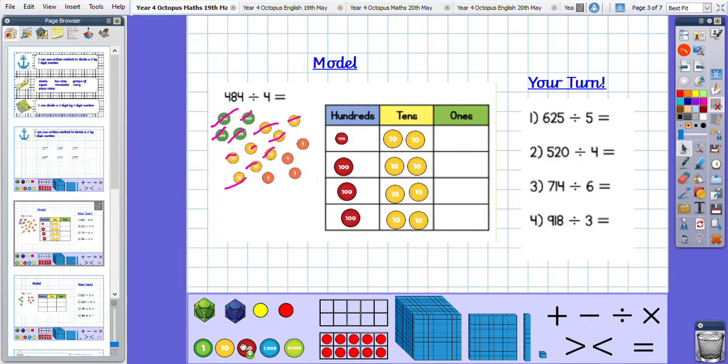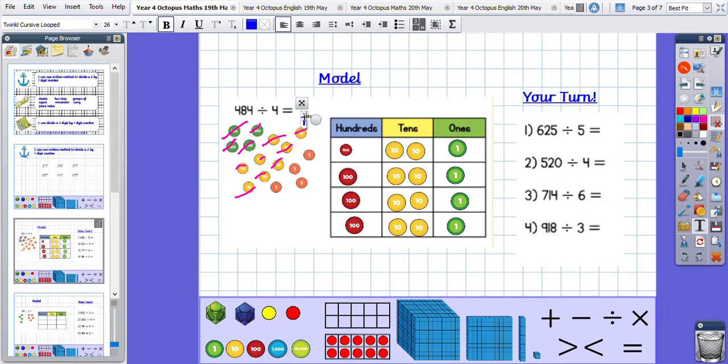So that will be shared equally, 1 in each column. So as you can see then from my place counters in my place value grid, 484 divided by 4 is 121.